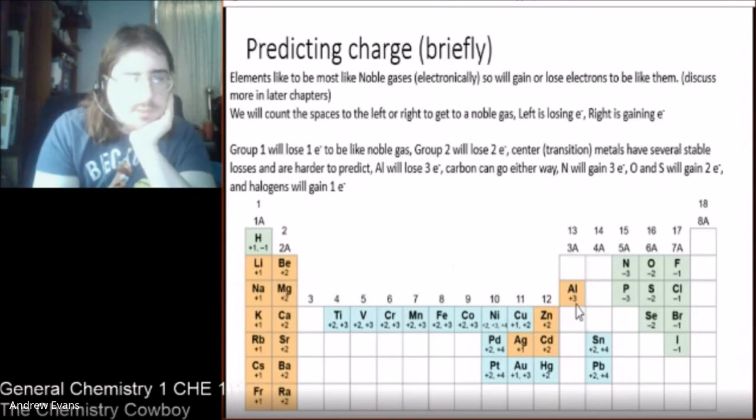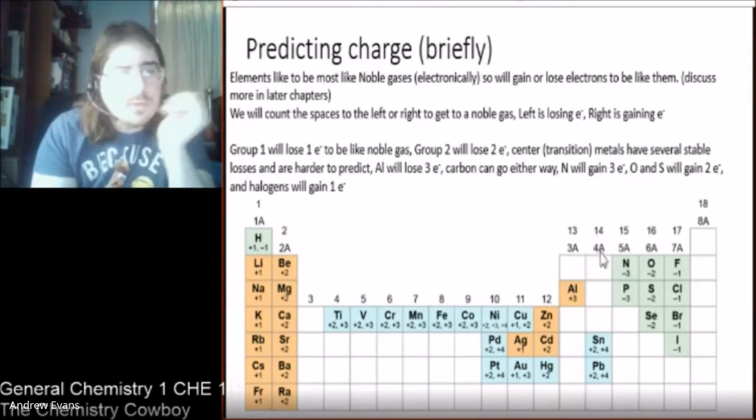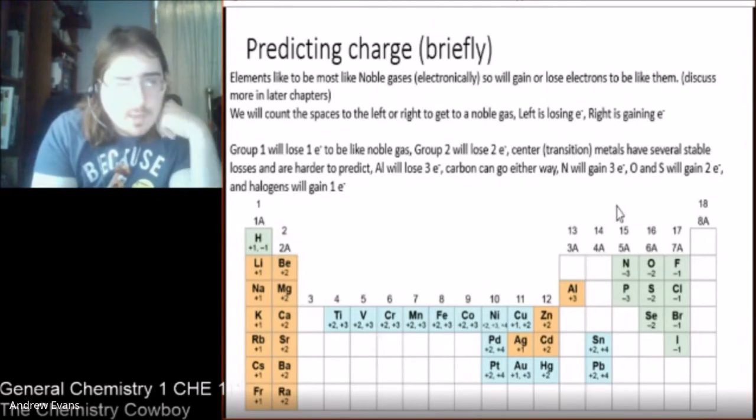Even though there's this big gap in the table, aluminum takes 3. 1, 2, 3 gets us there. So group 1, group 2, and group 3A or 13 will all typically be the charge of their group number.